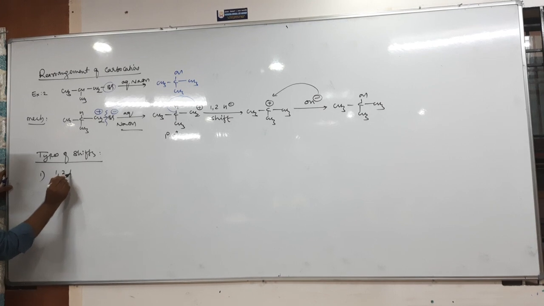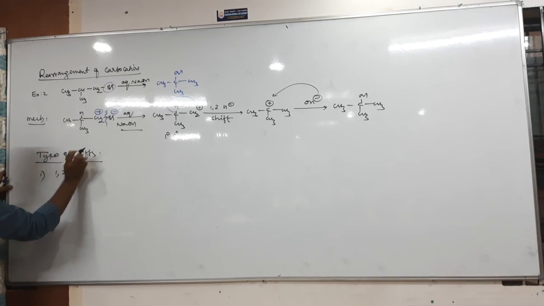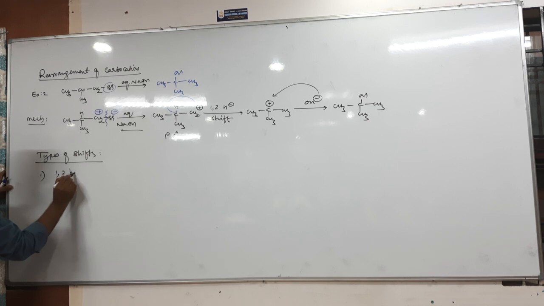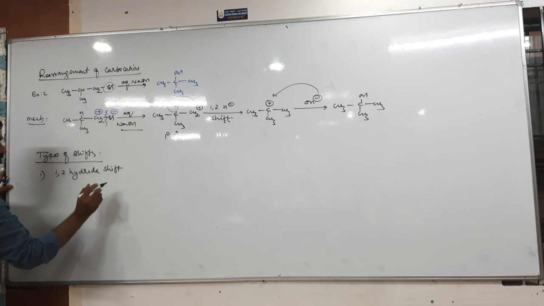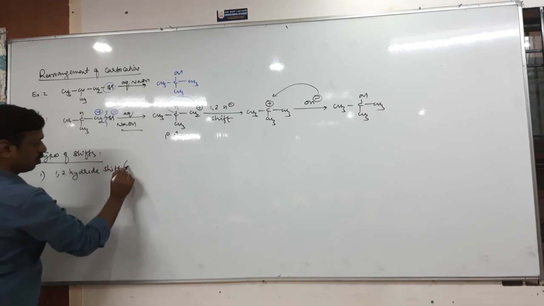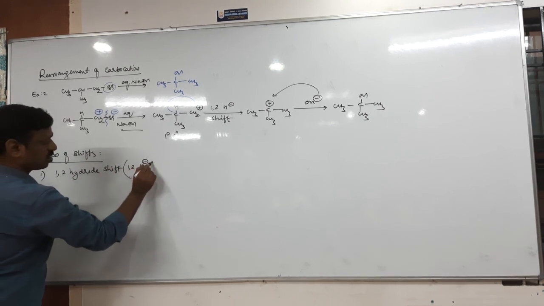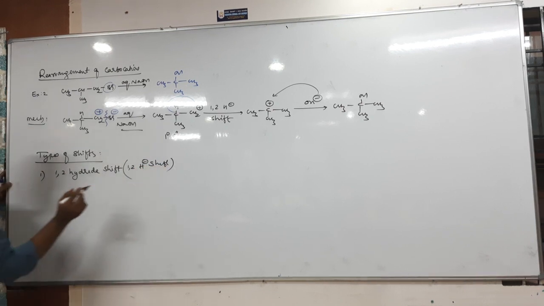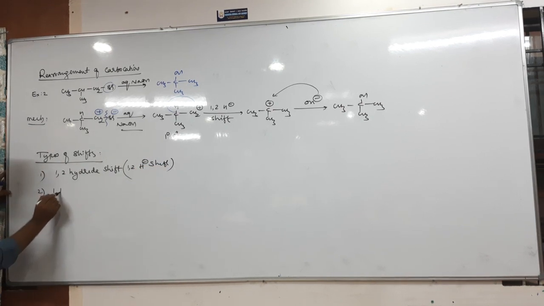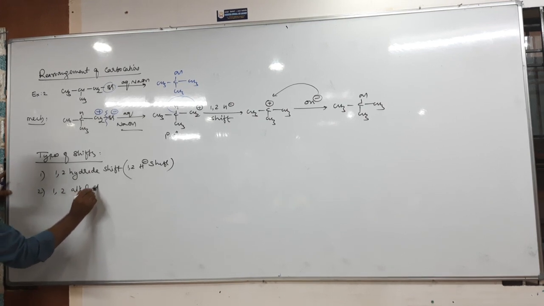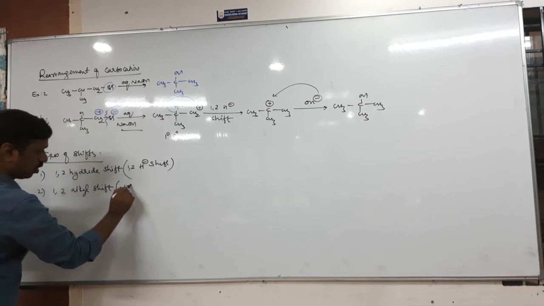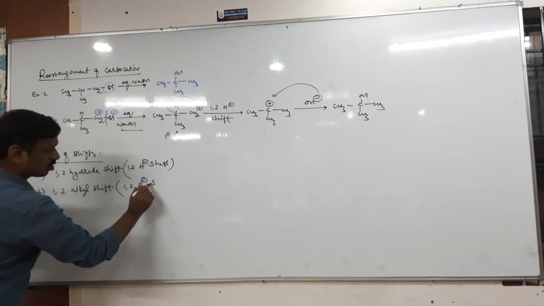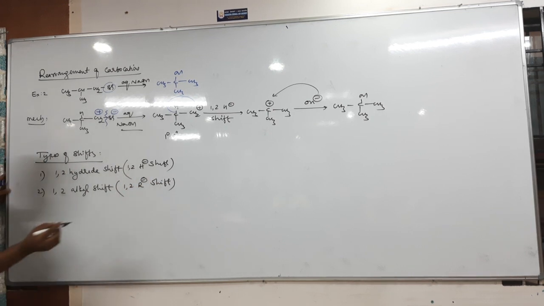1. It is a 1,2 H minus shift, which is called 1 comma 2 hydride shift. Second one, 1 comma 2 alkyl shift, which is also called 1 comma 2 R minus shift.